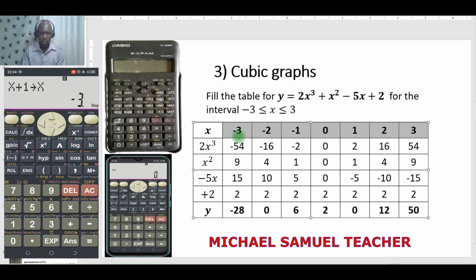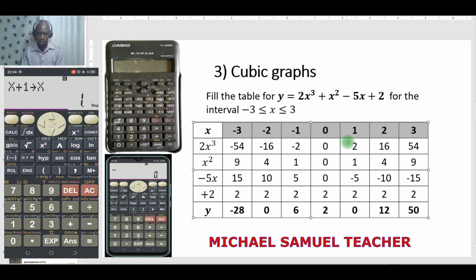So the first value we get is minus 3, that's the value of x. Press it again, we get the corresponding value of y, minus 28. Press again, minus 2 is the value of x. Press again, we get the value of y. Press again, we get x is minus 1, y is 6. When x is 0, y is 2.